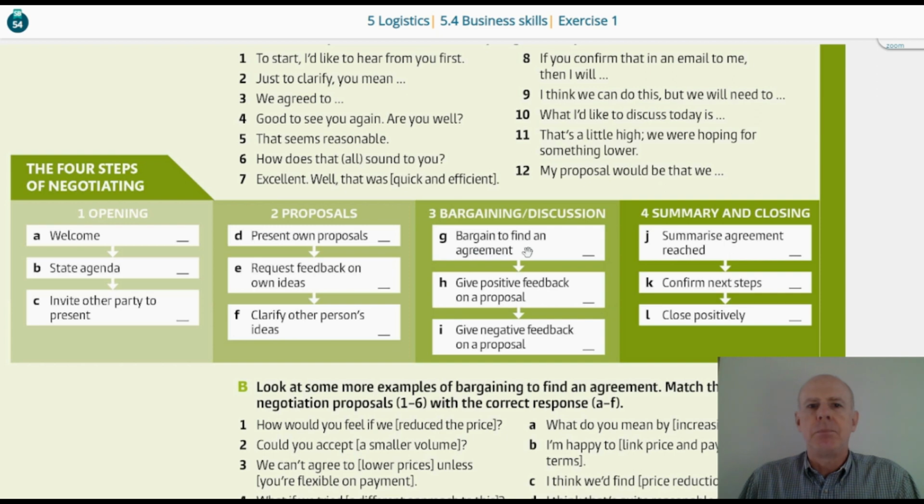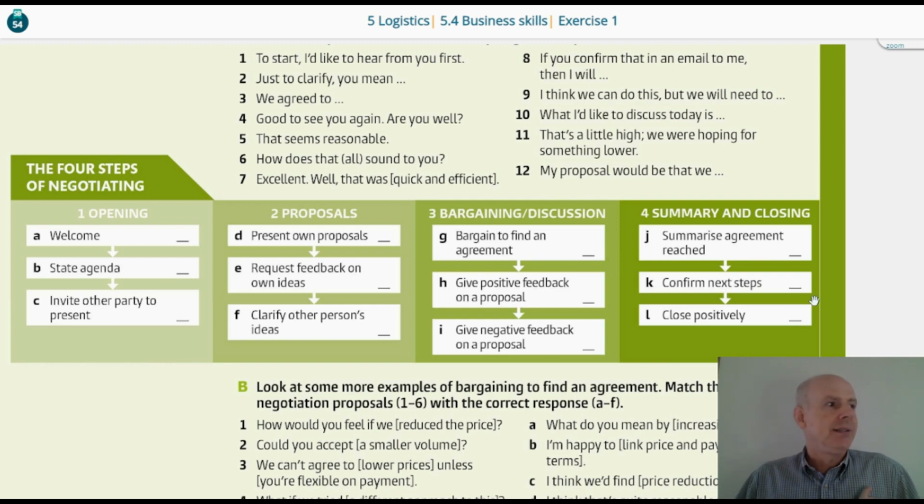Like there's a bargain to find an agreement. Giving positive feedback on a proposal is very nice because it tends to contribute to a good mood in the meeting, and then negative feedback on a proposal to try to get a better condition. And then you try to reach an agreement.